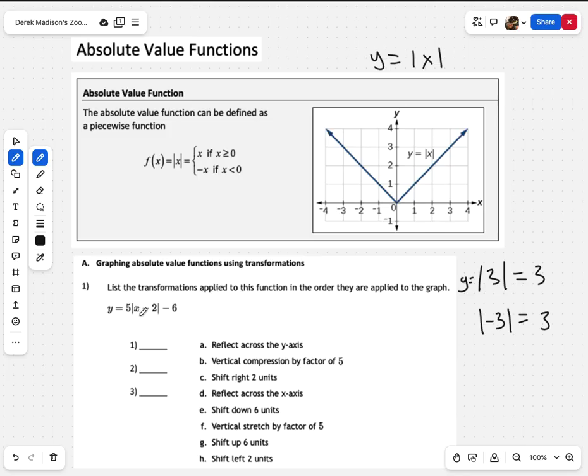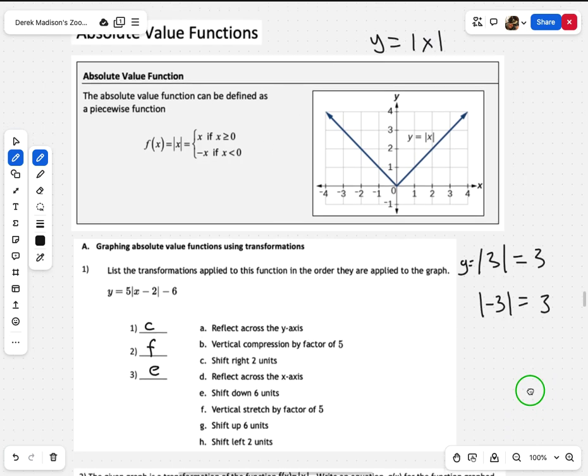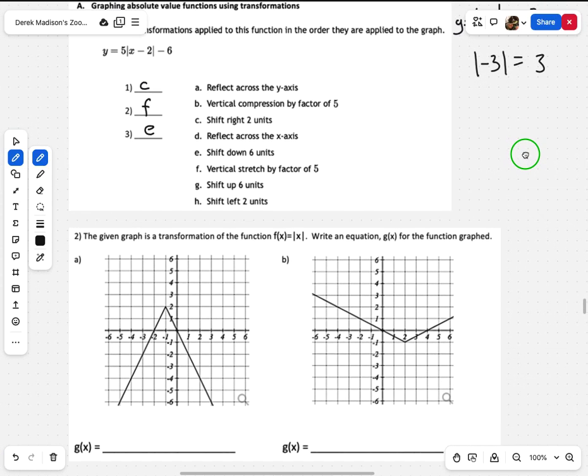If we thought about putting a value in for x, the first thing we would do is take away 2, and you might remember that -2 on the inside means it's going to go right 2, and so that is letter C. The next thing we would do is take the absolute value and then multiply that result by 5, so that's a vertical stretch by a factor of 5, that's F. And then lastly, we're going to shift it down 6, which is E. So same transformations we saw in the previous section, but now we actually have a function that we'll be working with. And we'll do this several more times during the quarter with different functions.